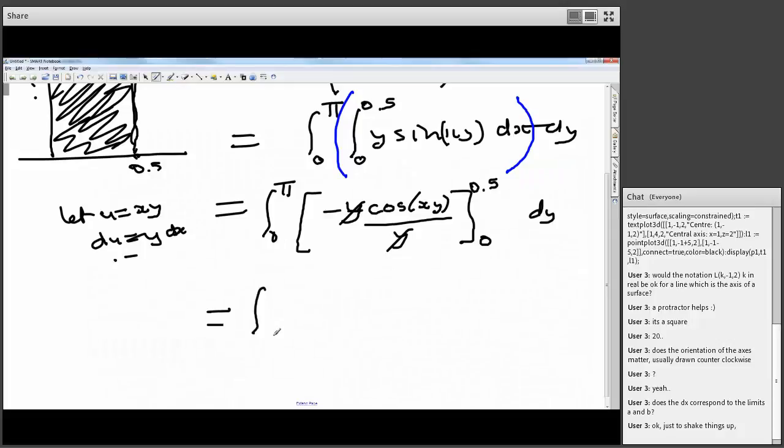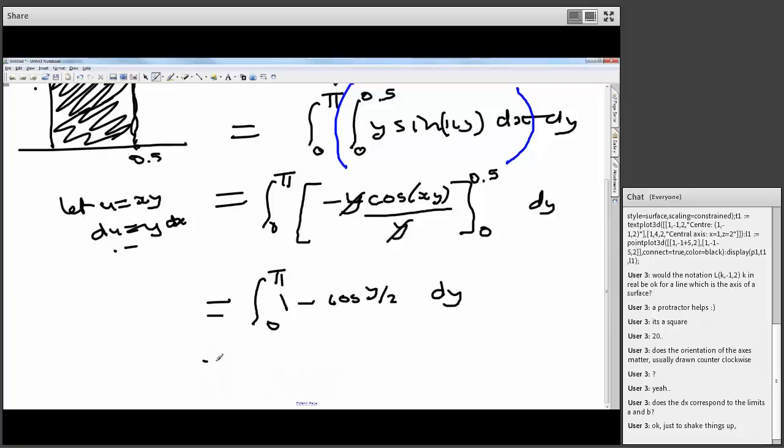So you're going to get from 0 to pi. Sub in a half gives you minus cos y on 2. And subbing in 0, cos of 0 is 1. So it's minus 1, which gives you 1 minus cos y on 2. You run that with respect to y, and then just integrate as written.